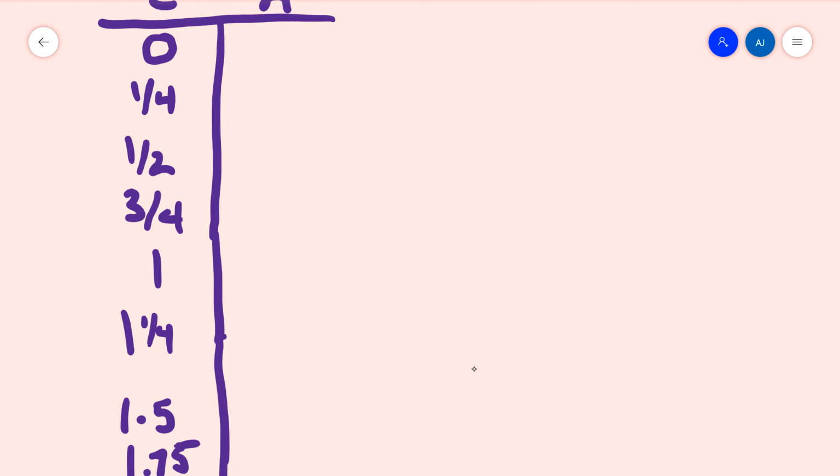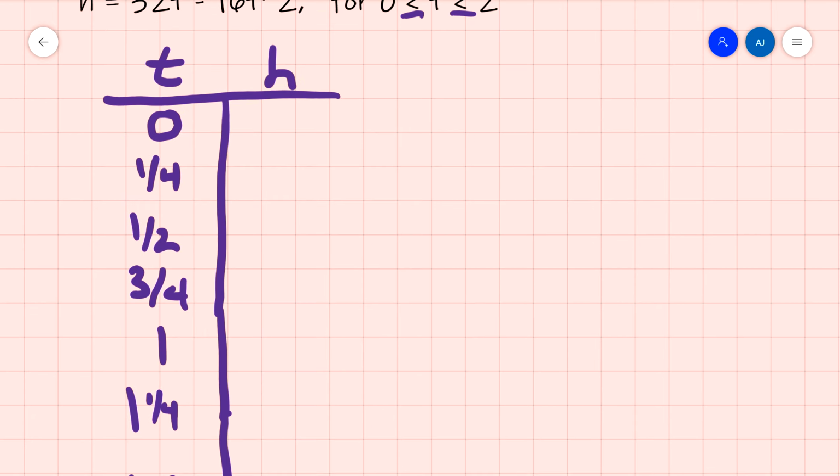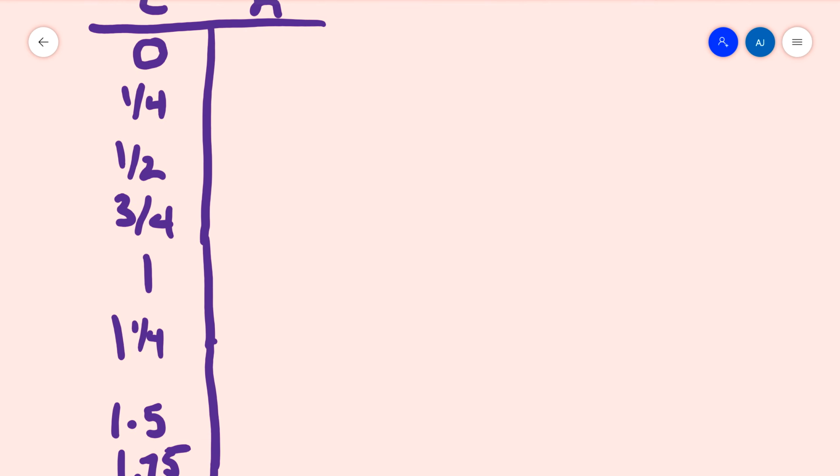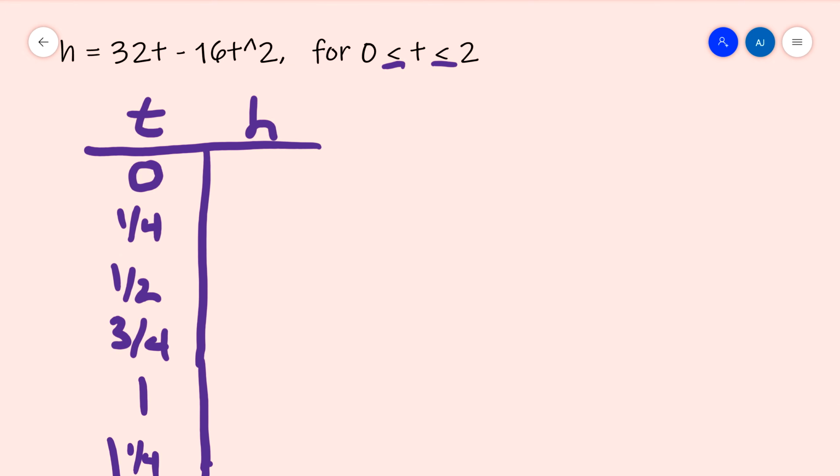And finally 2. So we've got to get the height based on these quarter-second intervals. Now, use your calculator, of course, if you want. That's not a problem. And you're going to plug it into this.